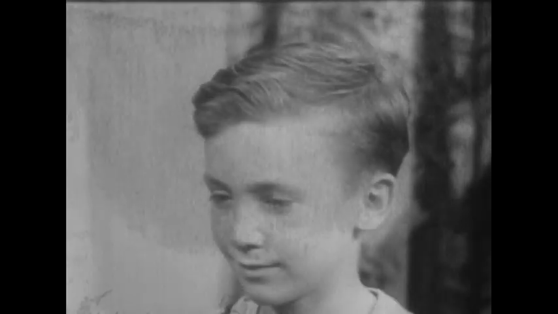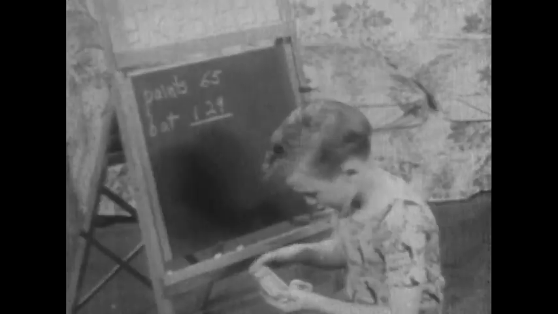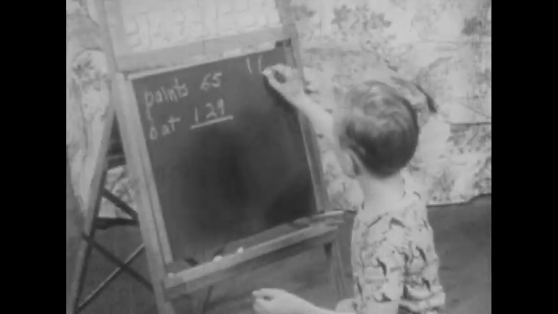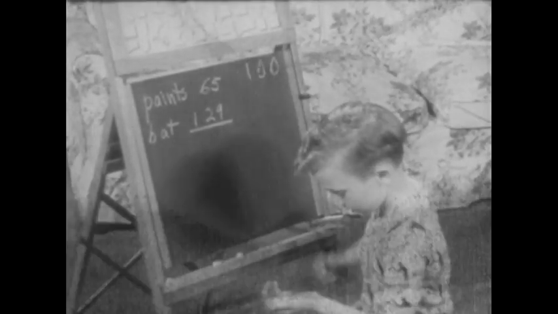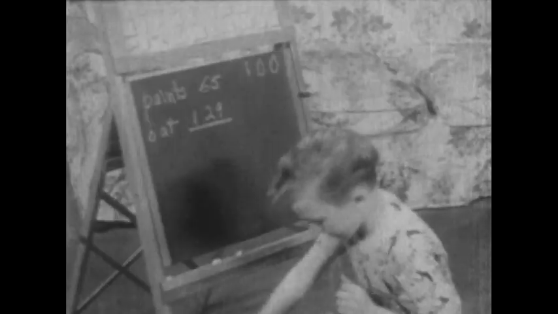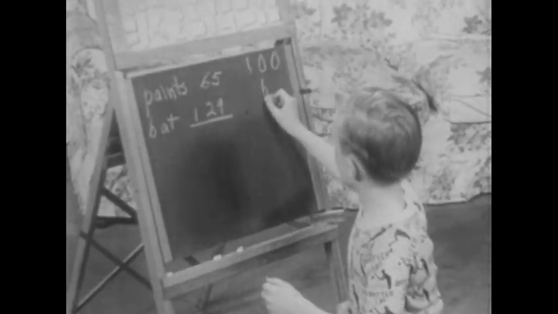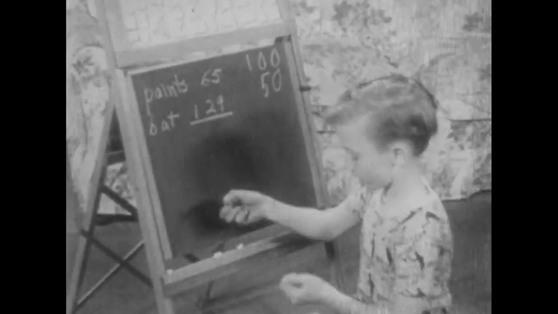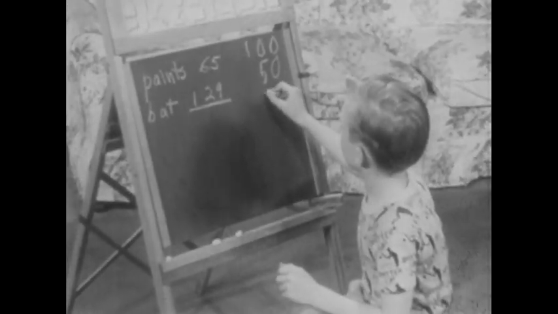But how much money does Billy have? He has $1. That's the same as 100 pennies. And a half dollar, or 50 pennies. And a quarter, or 25 pennies.